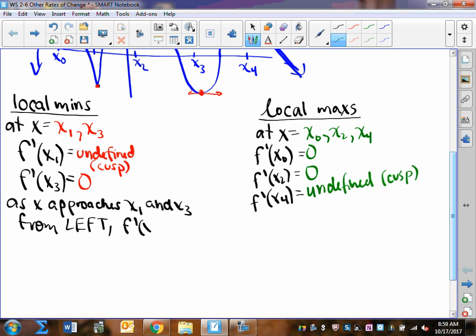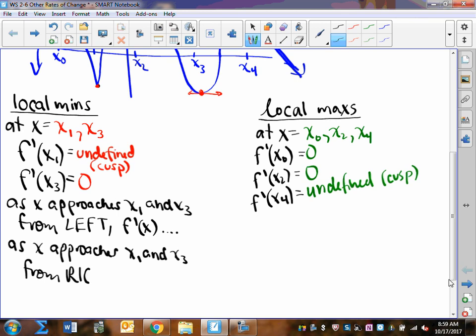We're going to take a look at what my derivative is, so we're going to fill that in. And then let's take a look at it from the right. So also as x approaches my mins again, x sub 1 and x sub 3, from the right, let's take a look at my derivative.